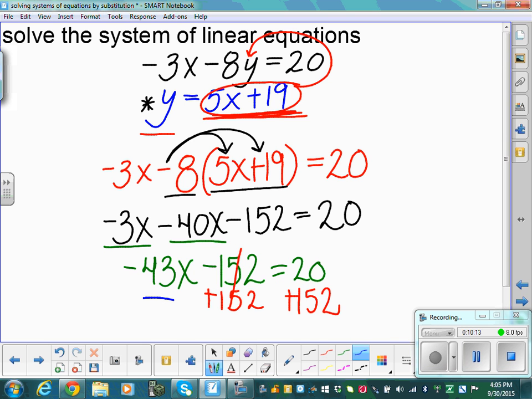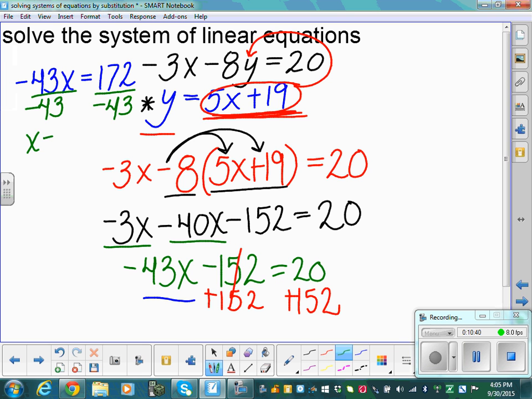Over here on the left, I have negative 43 x's, which is equal to, and then you'll do 152 plus 20, and we get 172. Now solving for x, I'll divide both sides by negative 43. So we get x is equal to negative 4.